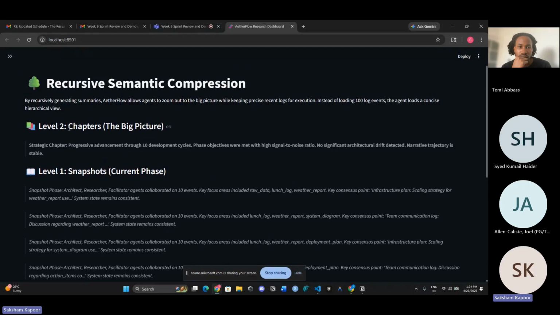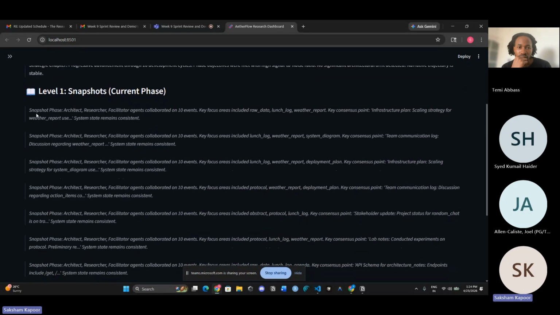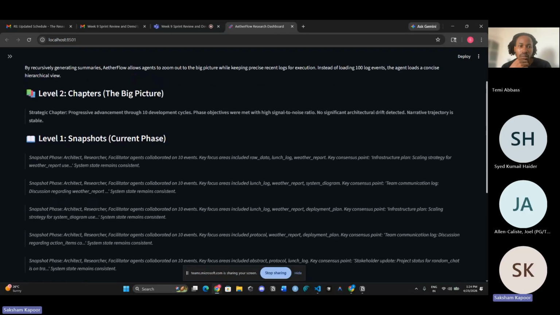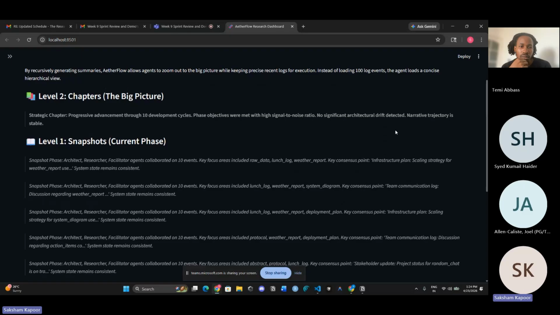which can be used by the human or at a higher level when we are, let's say, working 2 or 3 months ahead. So basically, this is helping us compress all of the details of what is happening. As you can see over here, this phase involved these different agents collaborating on 10 events, and then what were they focusing on and what was the key consensus point, so that we know how these multiple agents are actually collaborating together and what they are resulting in.